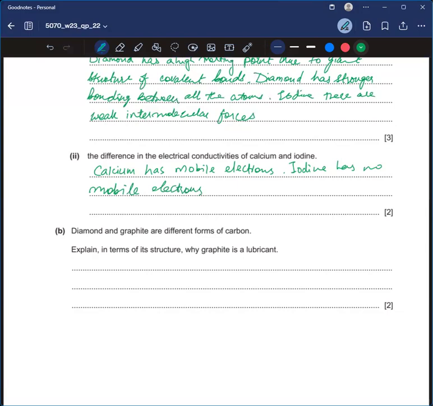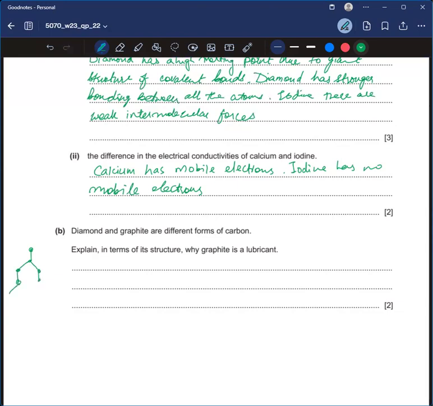Part, diamond and graphite are different forms of carbon. Explain in terms of structure why graphite is a lubricant. I roughly drew the structure of diamond, something like this.